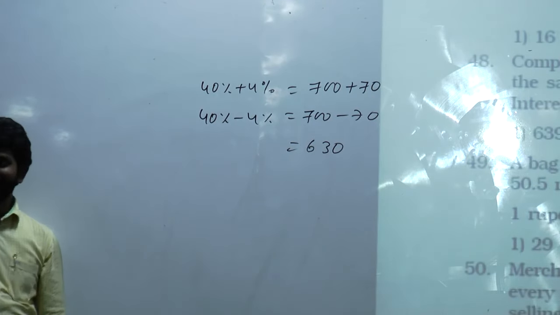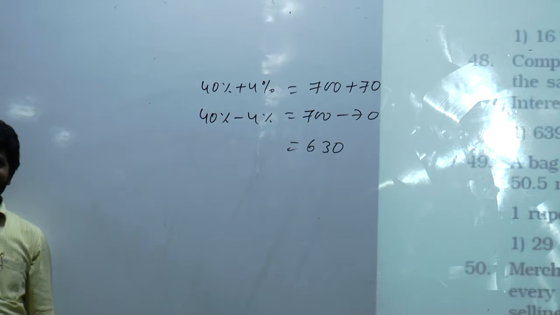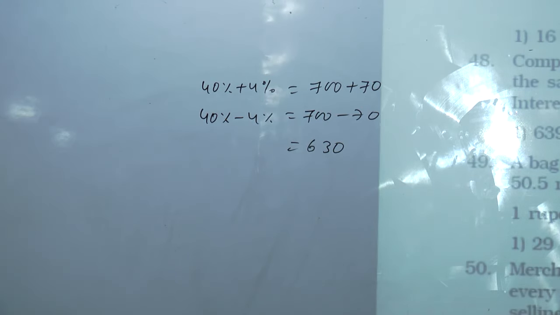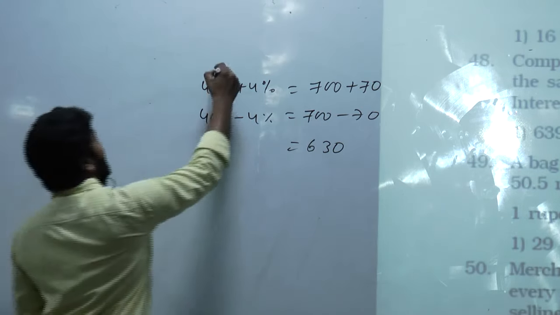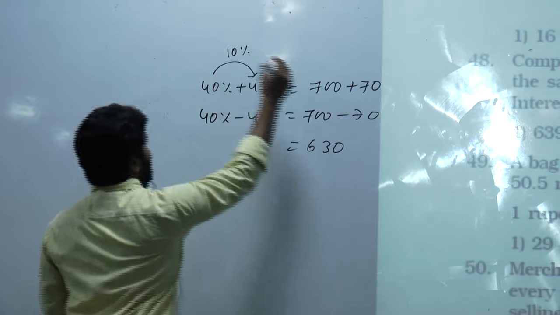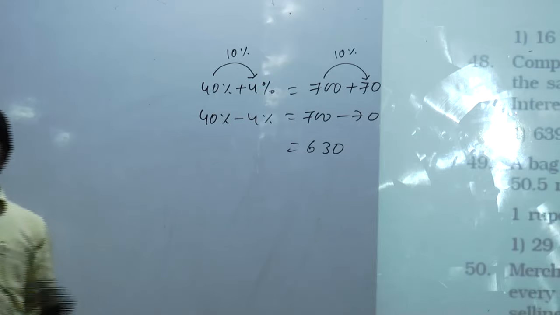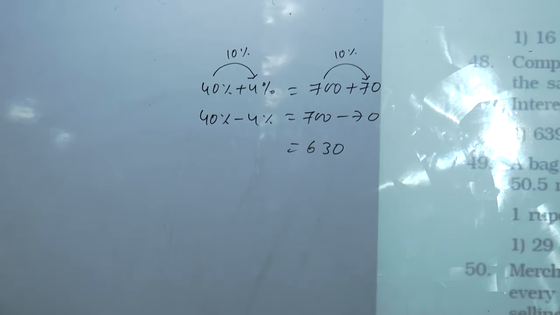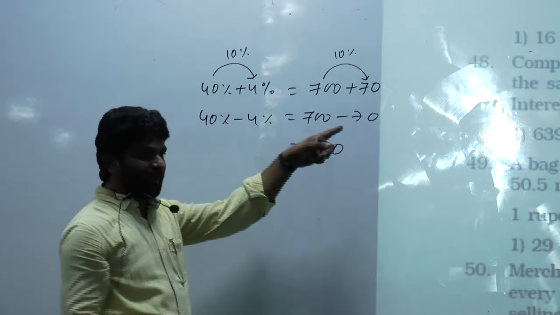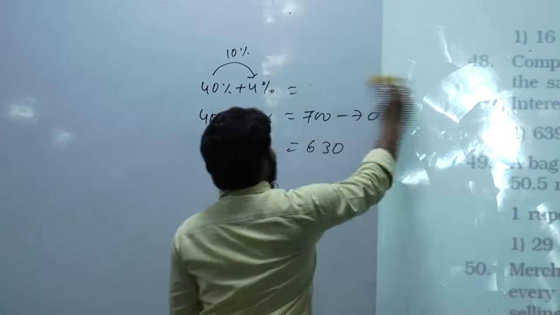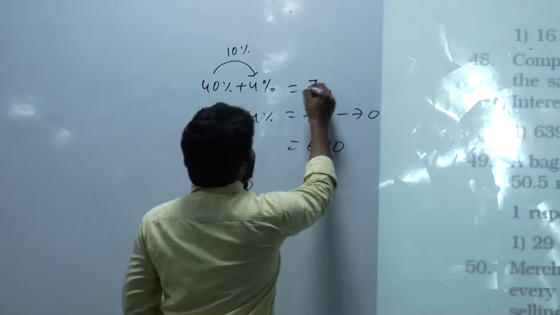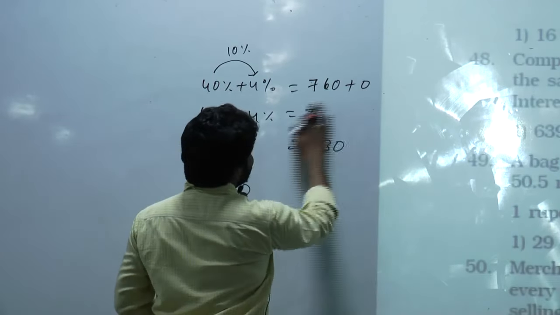Right? No need to calculate 100%. But make sure this is 10% and this is also 10%. Hence 40% is 700. This condition is very important. Otherwise you will write it like this: you have 770, I'll write 760 plus 10. So this is 760 minus 10.